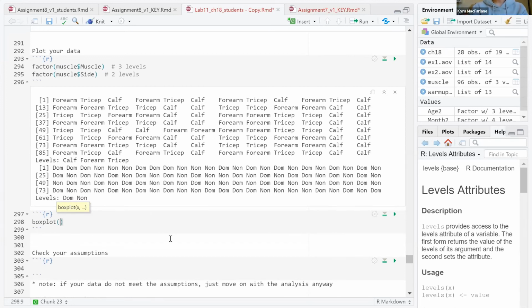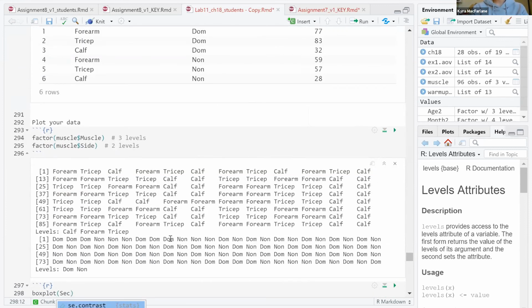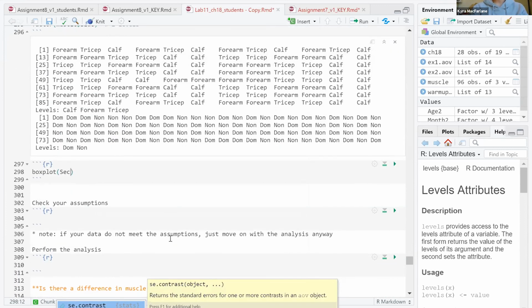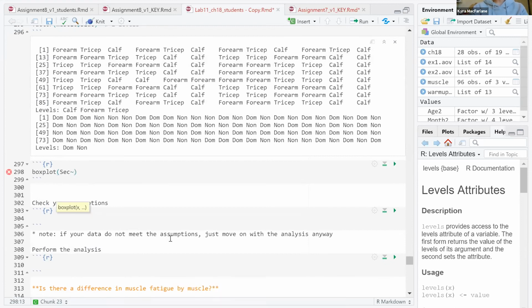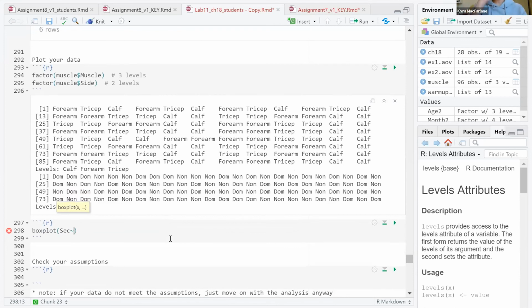So that means that seconds, which is our dependent variable, is going to come first. So we're organizing seconds by, we want the color variable coming first, so side, asterisk, then muscle. Data equals muscle with a lowercase.